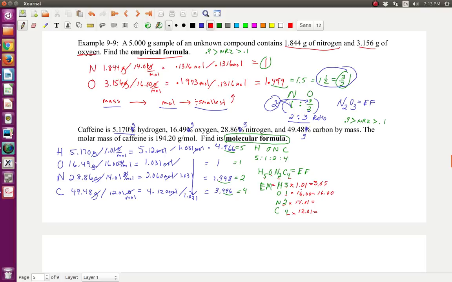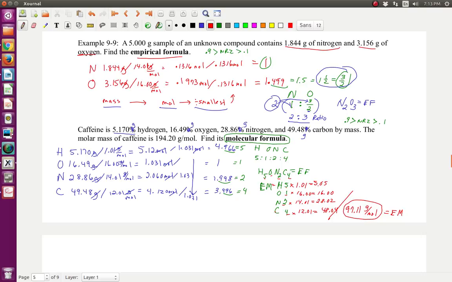Nitrogen is 28.02, and carbon is 48.04. Okay, I'm going to add all those together, and I ended up getting 97.11 grams per mole. This number right here is the empirical mass, the mass of the empirical formula. All right, so we're getting there.